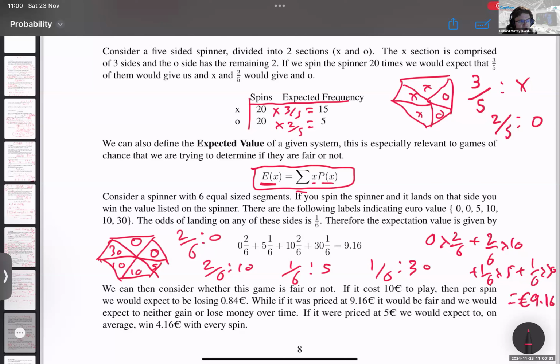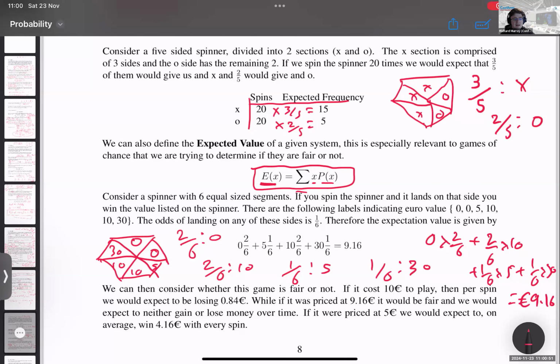So you need to be able to figure out whether this is a game that you think you should play or not. So if I price this game at €10 and you were to spin it once and win €30, you might go, yes, this is a great game. I've won €30. I've made money here.